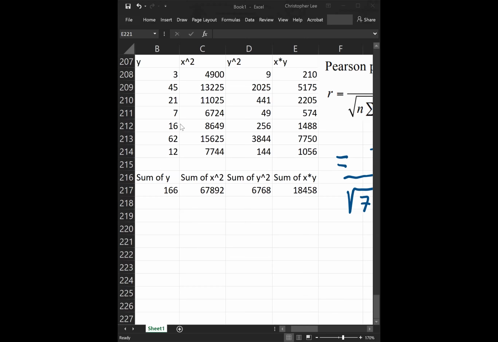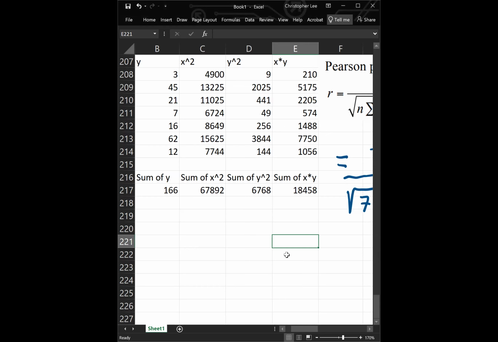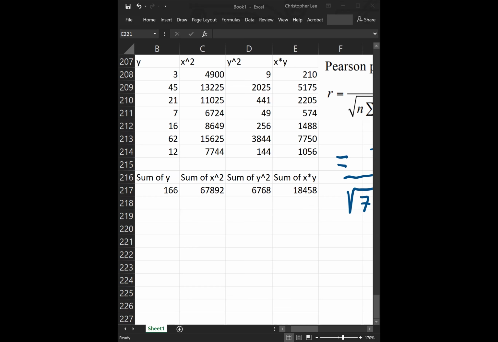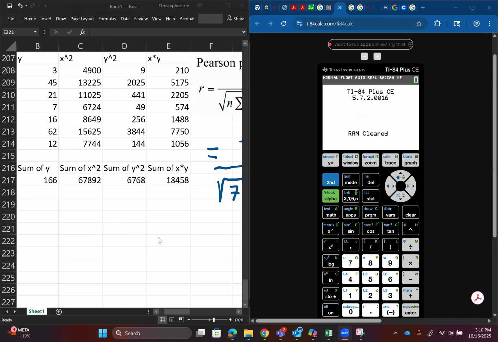I might study how to do this on the calculator on my own. But you just put it all over. Top line, 658.